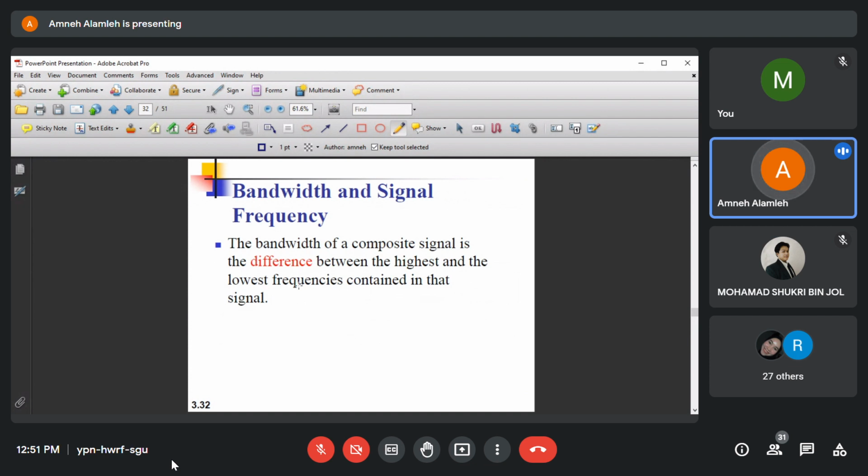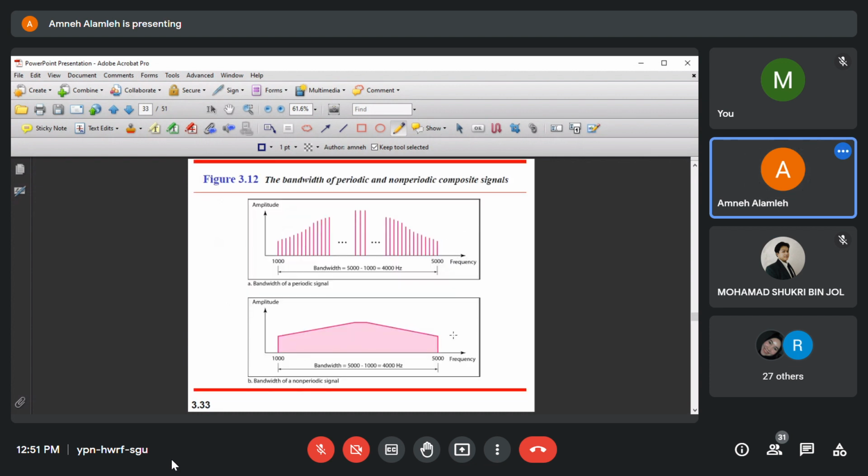So it is the difference. We can write it like this: Bandwidth equals the highest frequency F high minus the lowest frequency F low. This is what we mean by the bandwidth.